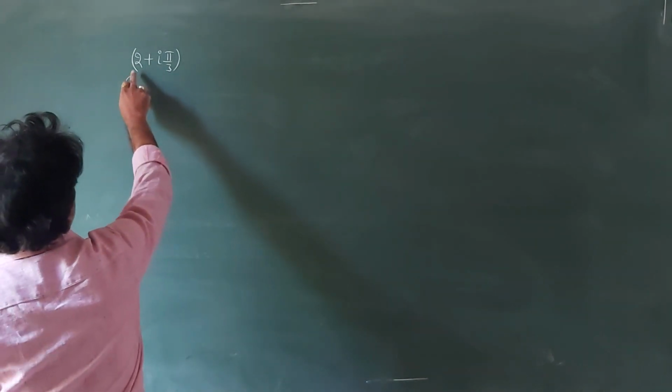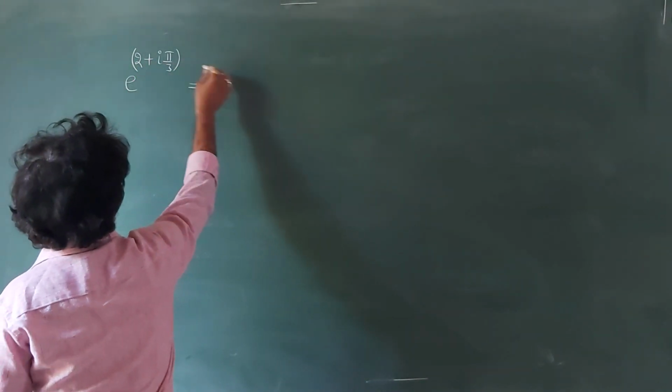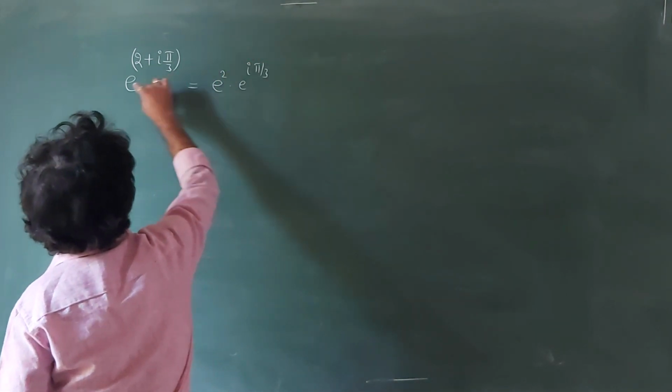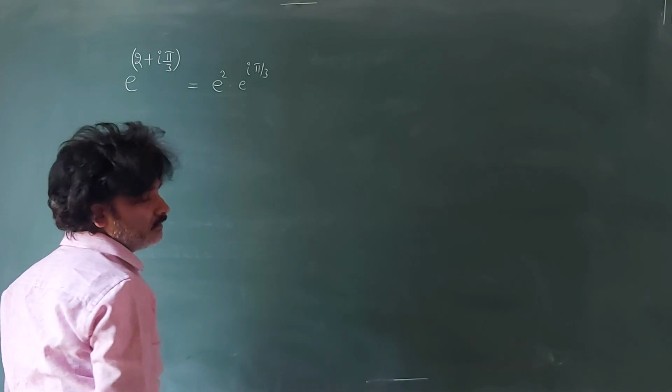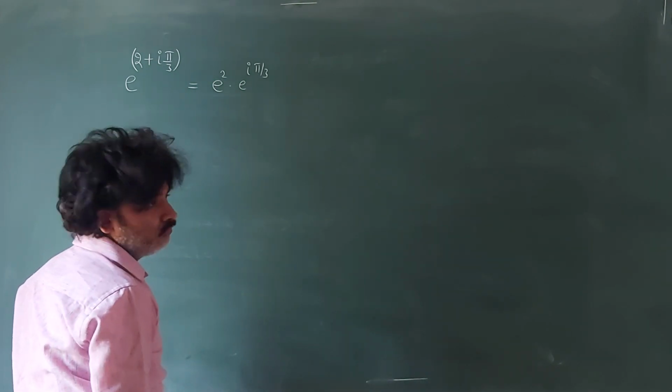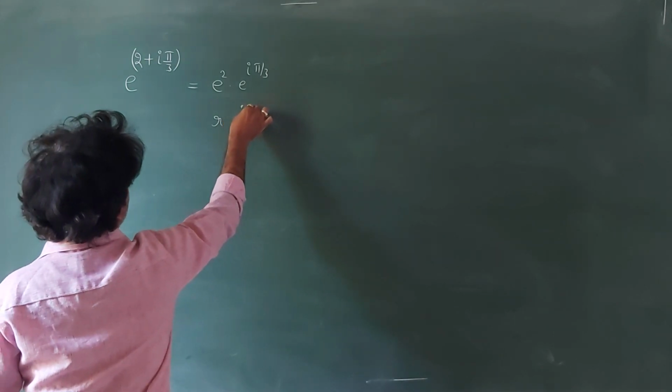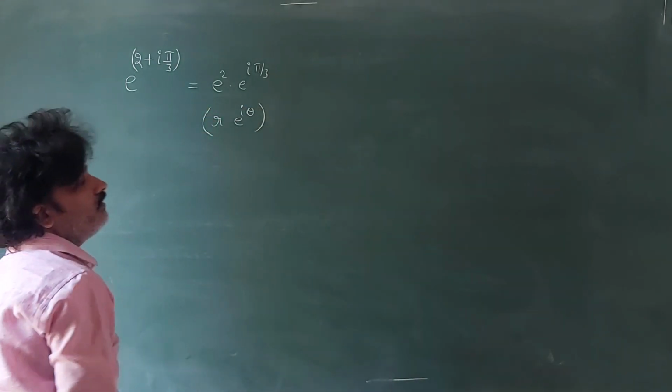So, a power m plus n can be written as a power m into a power n. So e power 2 into e power i pi by 3. Now it is in the form r into e power i theta. Am I right or not?